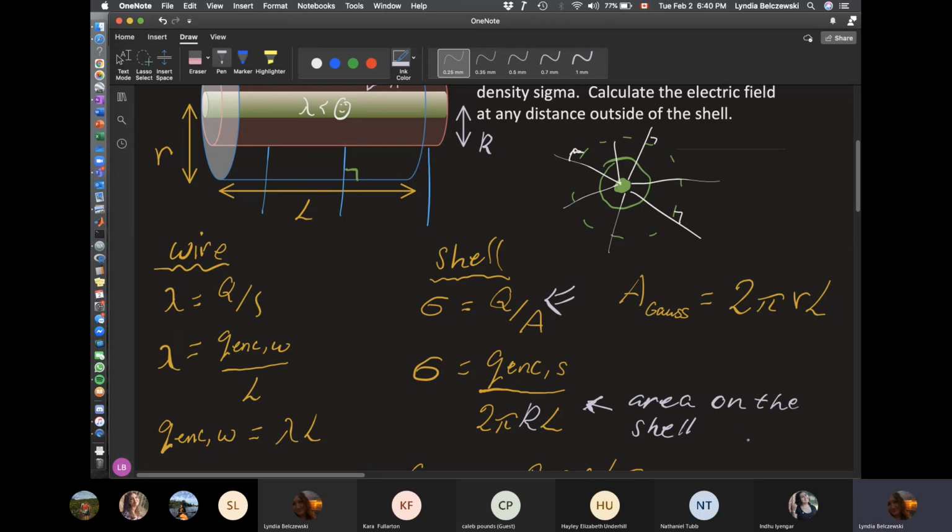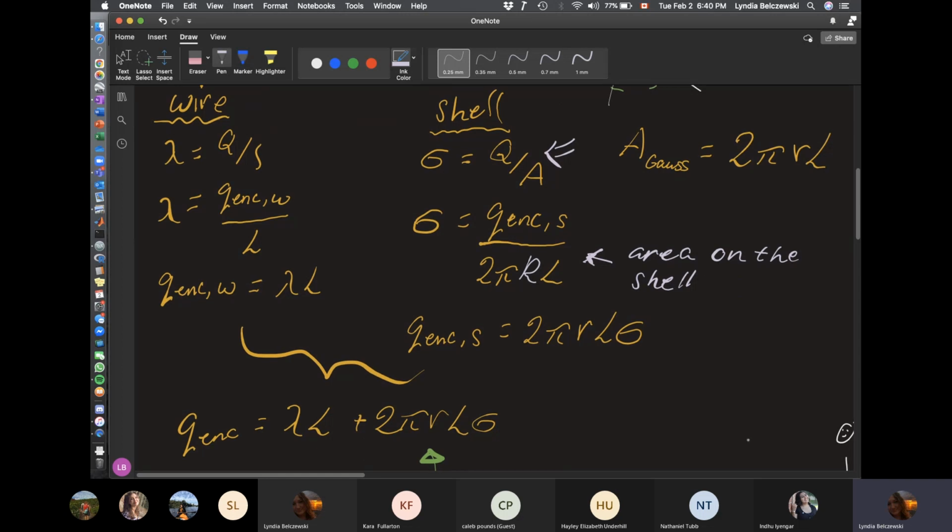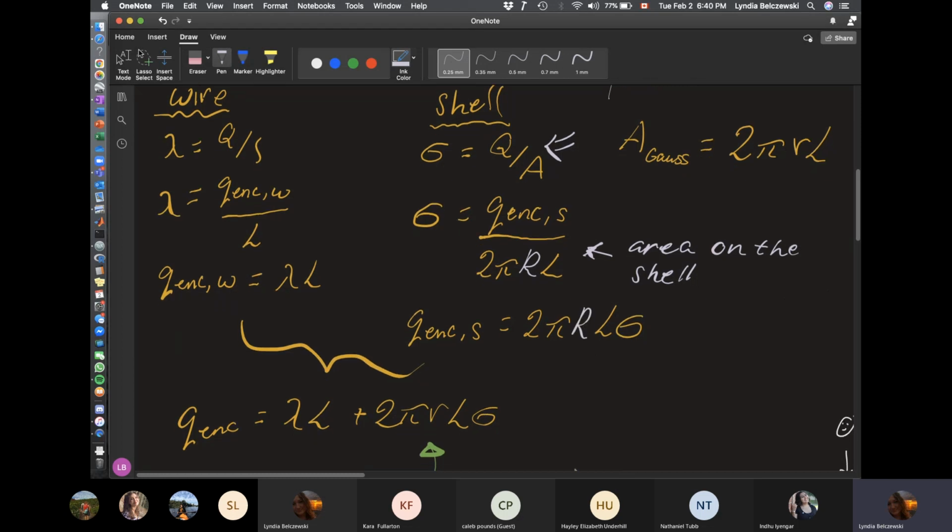So I hope I'm undoing some of the confusion that I caused earlier. Let's go through our solution and fix that for the rest of the problem. This charge enclosed should include the capital R radius of the shell. That'll be capital R there as well.